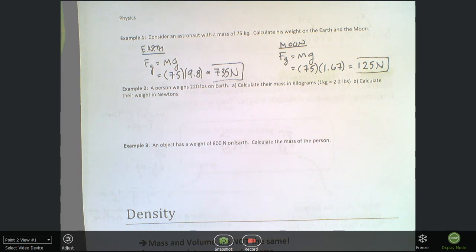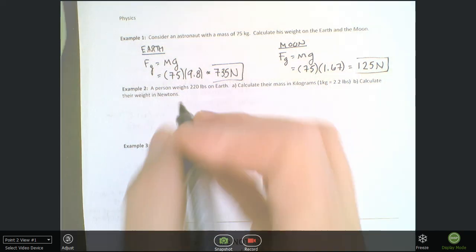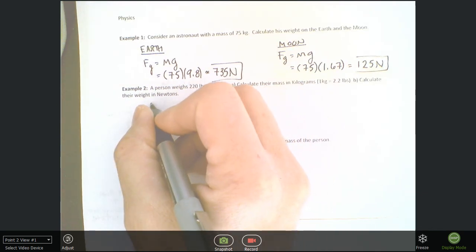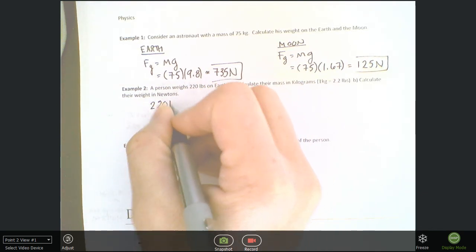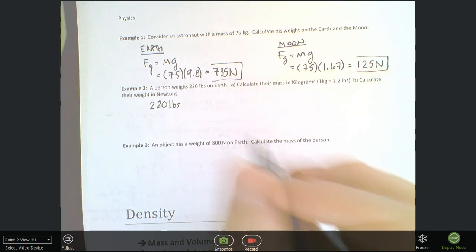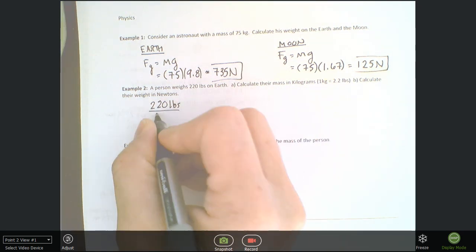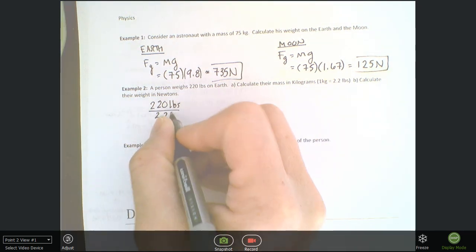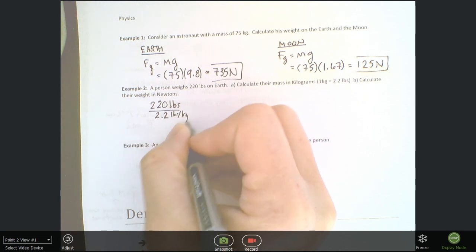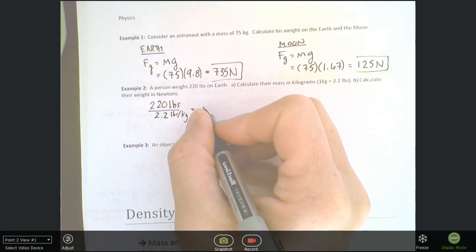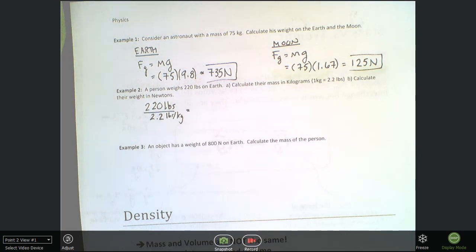So a person weighs 220 pounds on Earth. Calculate their mass in kilograms, where 1 kilogram is 2.2 pounds. Calculate their weight in newtons. So a person weighs 220 pounds. And we know that there are 2.2 pounds per kilogram. So that's going to leave you with, obviously 220 is just 100.